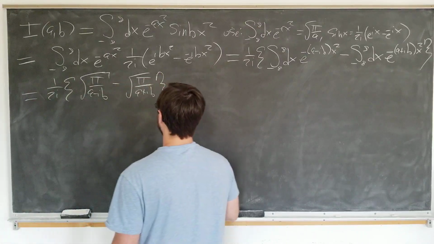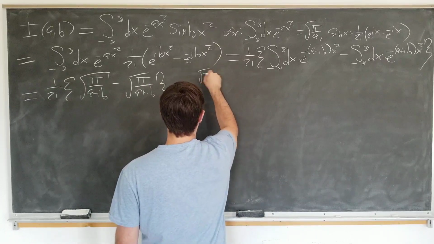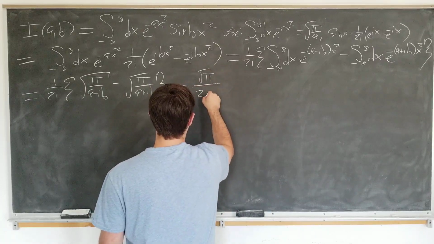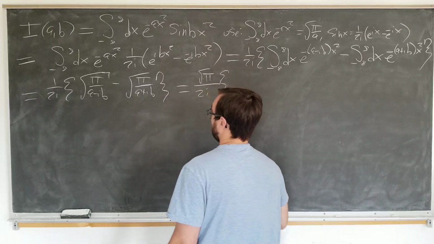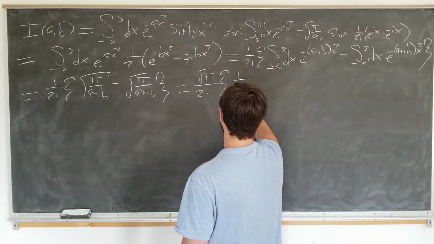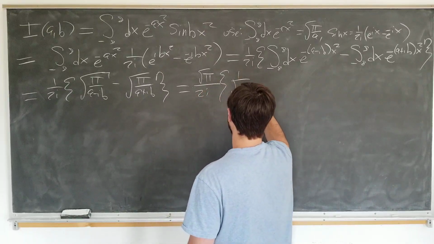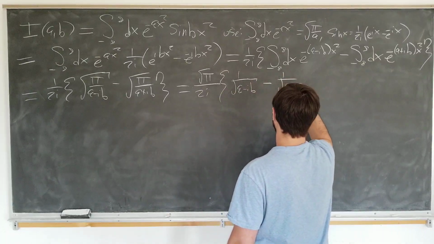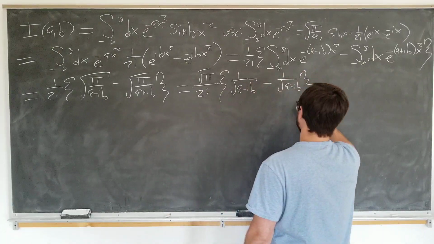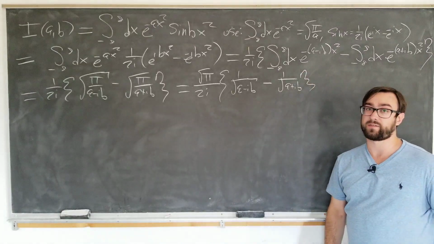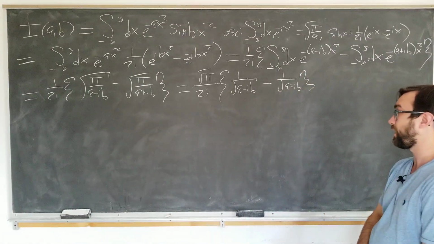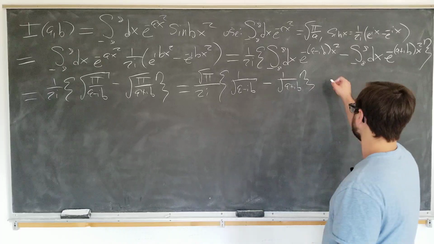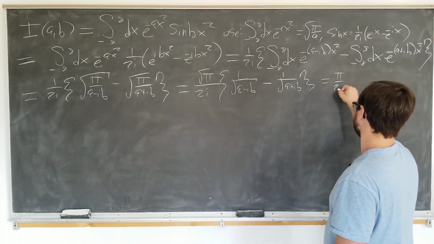And now we're going to take out the factor of pi and the 2i, writing it as 1 over the square root of a minus ib minus 1 over the square root of a plus ib. And now there's basically only one thing we can think of to do, that is to put everything over a common denominator. So we'll do that.